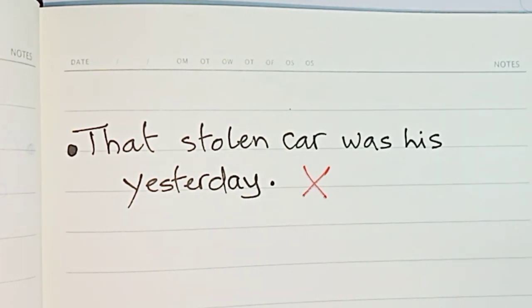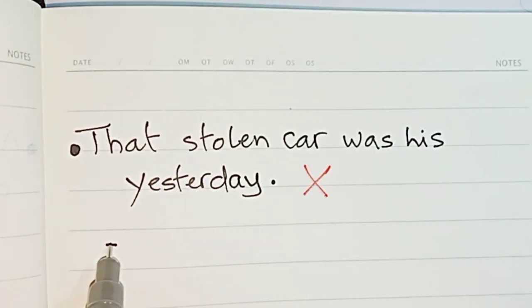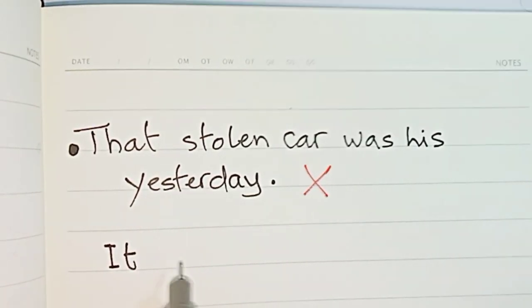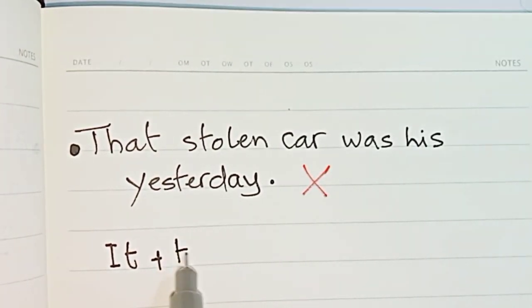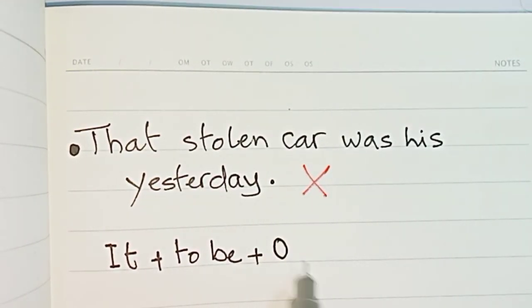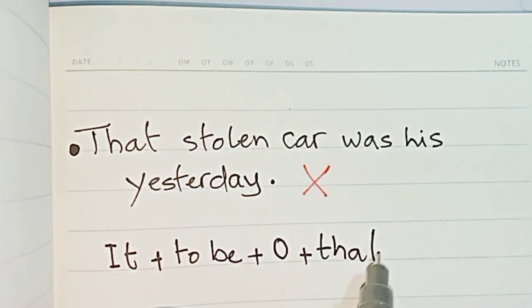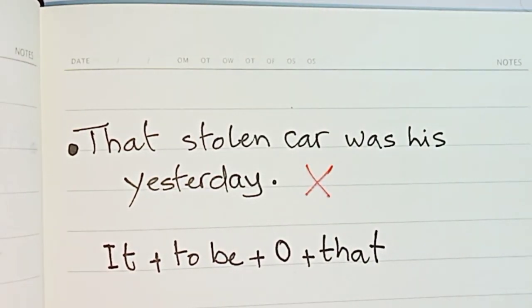The structure should be it plus to be plus object plus that. Why is this structure correct?